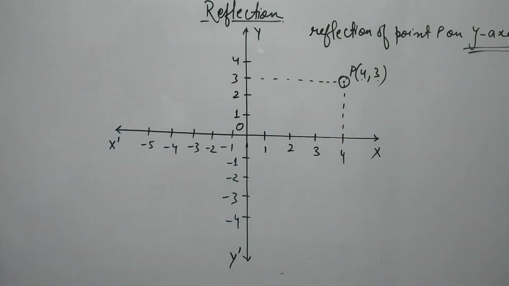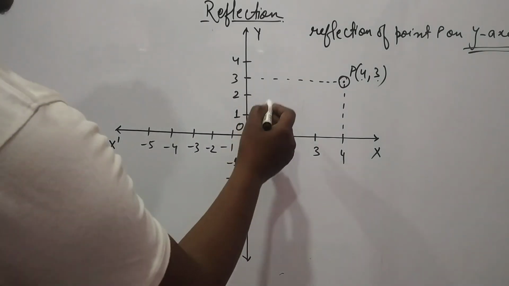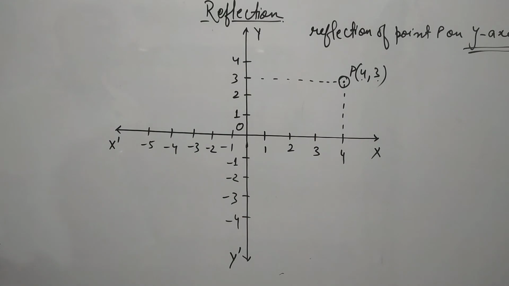Reflection of point P on the y-axis means the y-axis will be acting as the mirror. So we know that the object distance remains the same as the image distance.